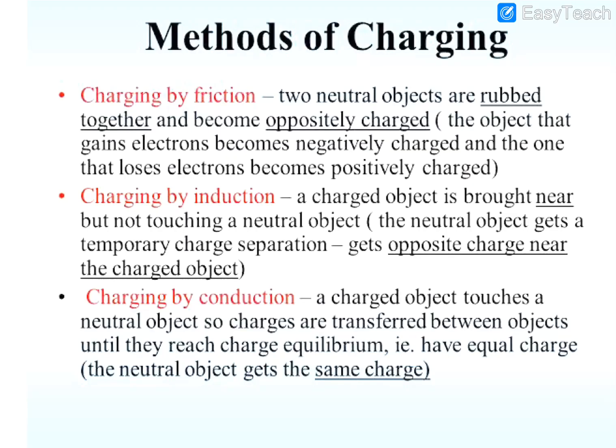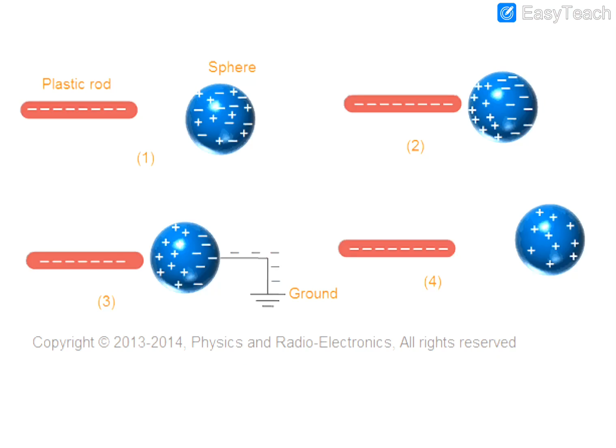Next method is charging by induction. So I will explain the method of charging by induction. So you can see you are having a material, a sphere, which is a neutral sphere. Why is it neutral?